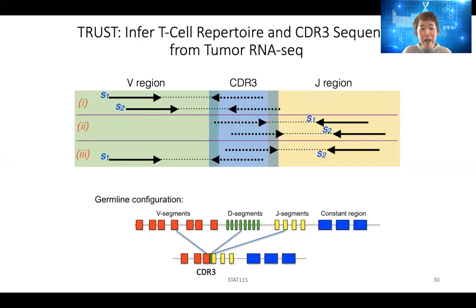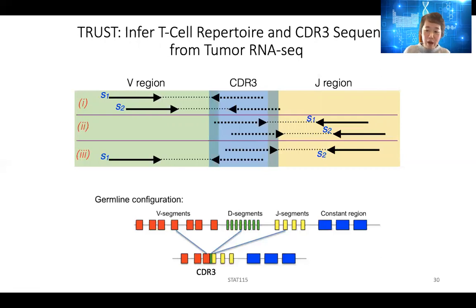And so interestingly, if you were to do a bulk tumor RNA-seq, this sequence is considered as garbage. The first thing you do, STAR or Kallisto, like Salmon, you map the reads to the genome. This region is thrown out because it can't be found in the genome.